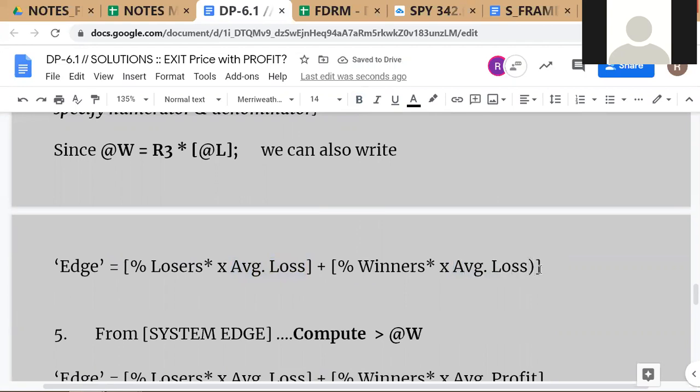Bracketing is not exactly ideal convention, but let's make it nice and neat. So we are writing average win as a function of R3 and average loss.